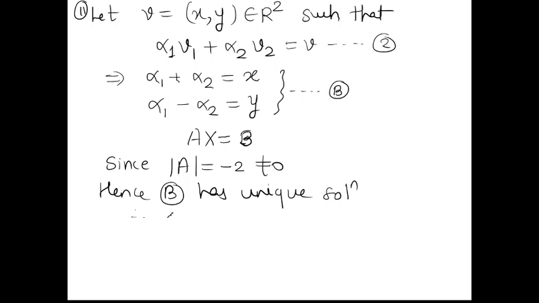Therefore, it guarantees that alpha 1, alpha 2 exist. We just wanted to know whether alpha 1, alpha 2 exist or not. So this implies that set S spans R2.